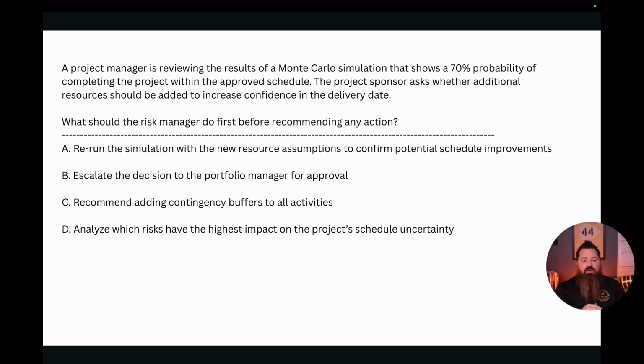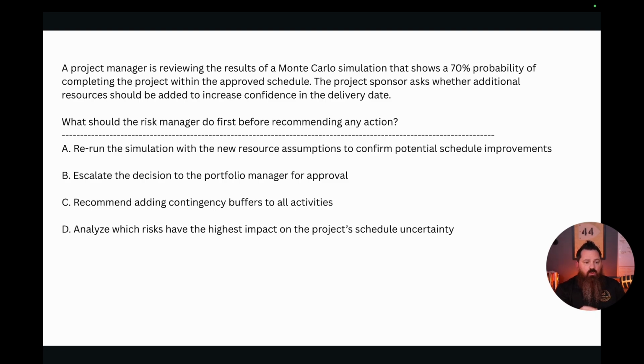So obviously what we see here, we have a sponsor whose risk threshold 70% is not it. They need to be at like an 80 or 85%. So now we have to take that back and we have to develop how do we actually fix this situation? So it's asking us, what should we do first before recommending any action to that sponsor?